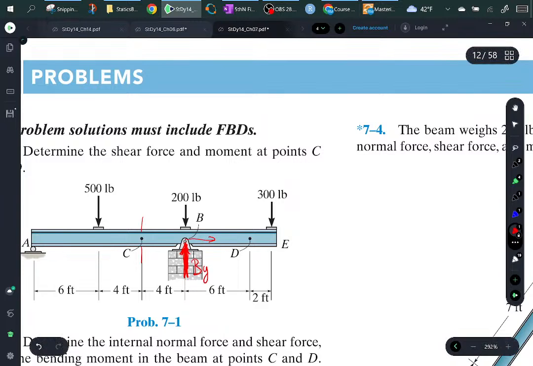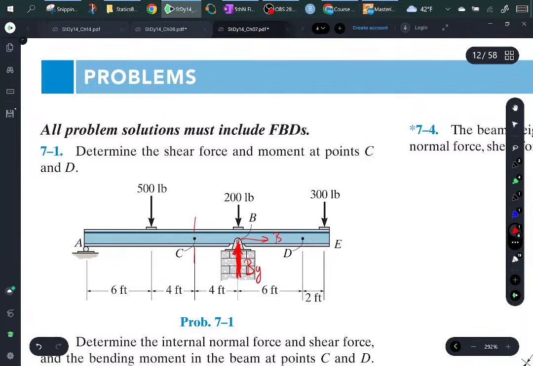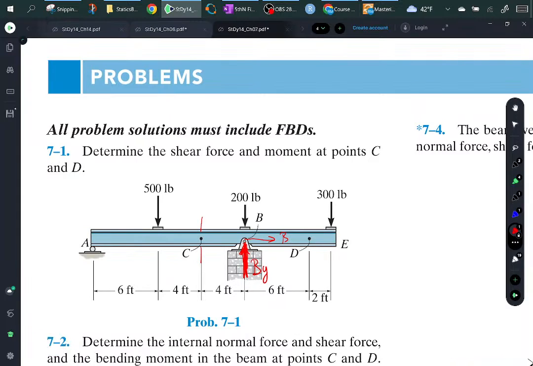Technically you have to find the Bx, but since there's no X force pushing on this beam, that's going to be equal to 0. And the roller is only going to have AY. So this one is easy. This one is just a little complicated.